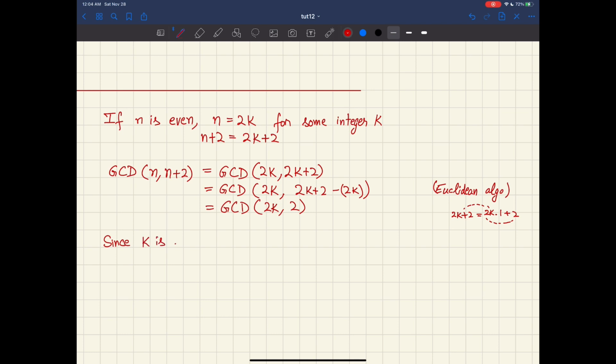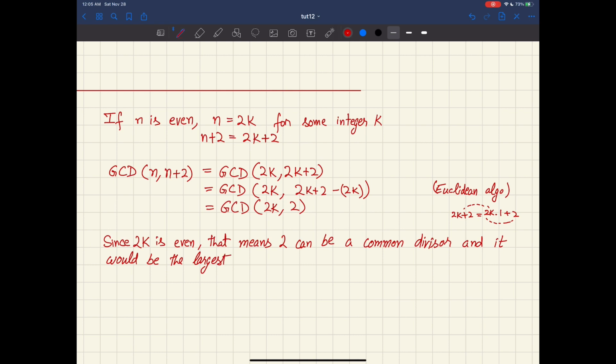Now since 2k and 2 are both even, that means 2 can be a common divisor, and it would be the largest common divisor, as the GCD of two numbers cannot be greater than the smallest of those two.